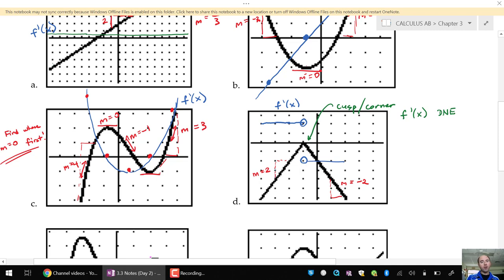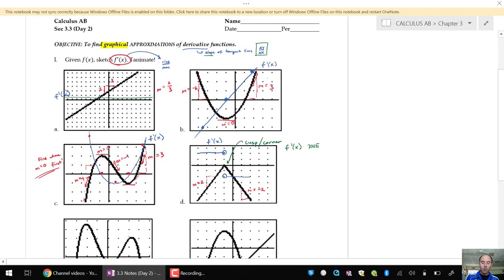If you think about it in terms of limits, the limit of the rate of change of my function, my slope essentially, on the left is +2, but on the right side, the limit is -2. Those two limits don't match, so the limit overall at the point, in this case x equals -1, does not exist. There is no derivative value, there is no slope, there is no tangent line that I can draw and have a value. So f prime does not exist at cusps and corners, so make sure we leave that sketch undefined. Something like that would be okay.